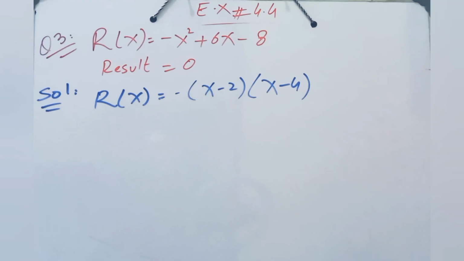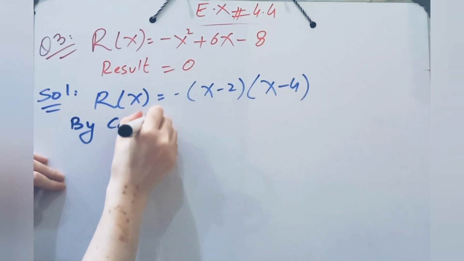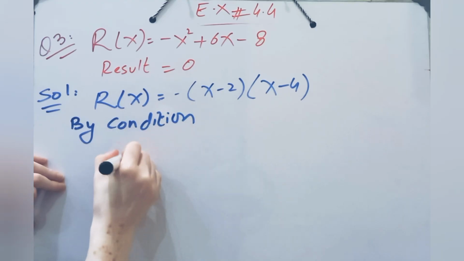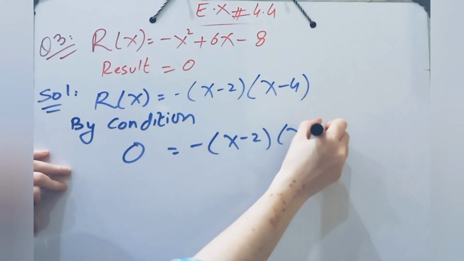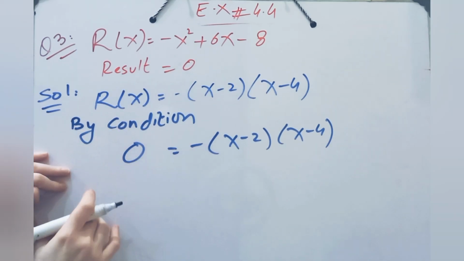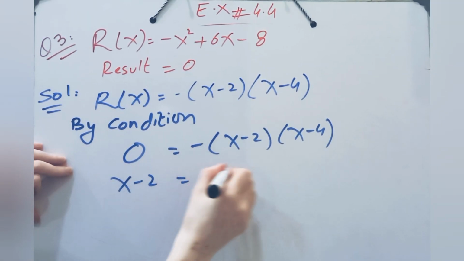By condition, all terms become equal to 0, and we get the values of x. So we write here by condition, this one must be equal to 0: minus into x minus 2 and x minus 4 equal to 0, and both terms become equal to 0.